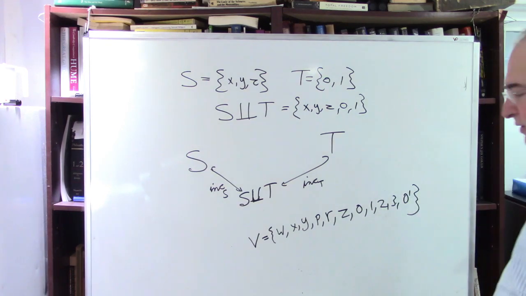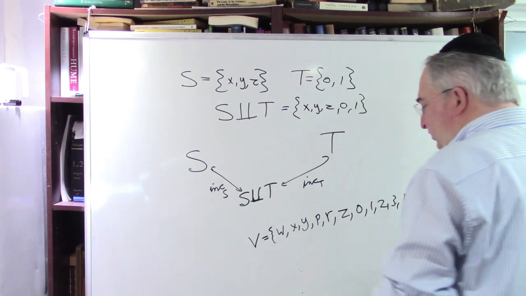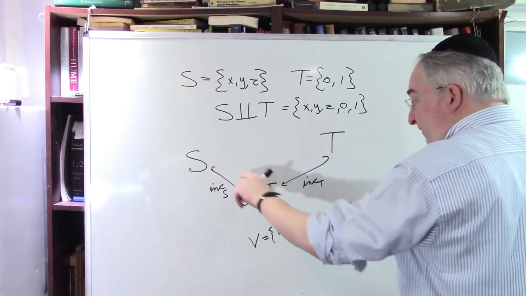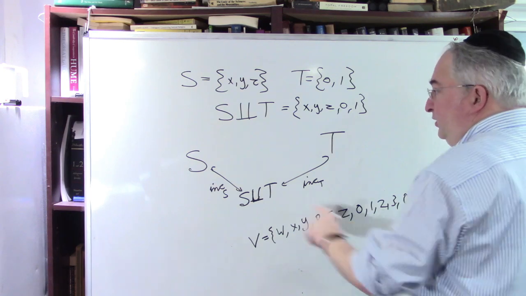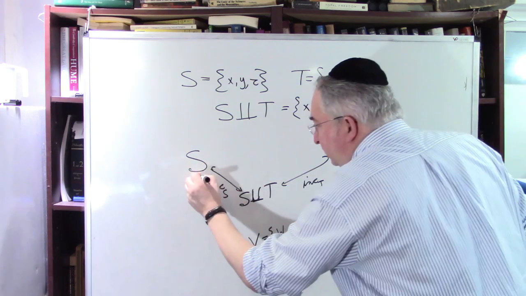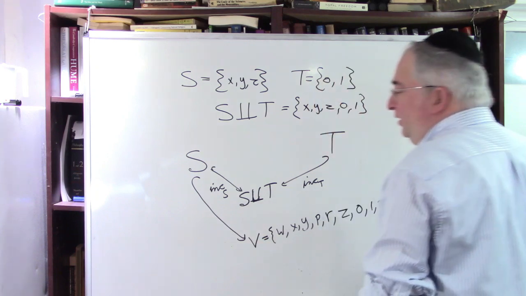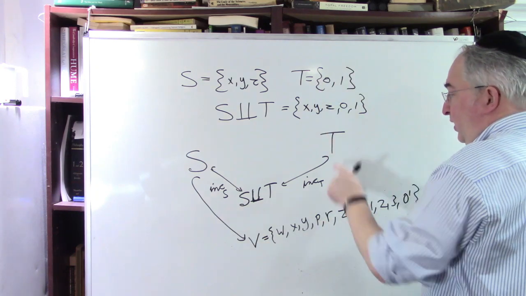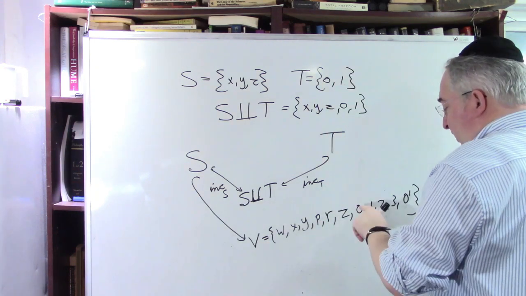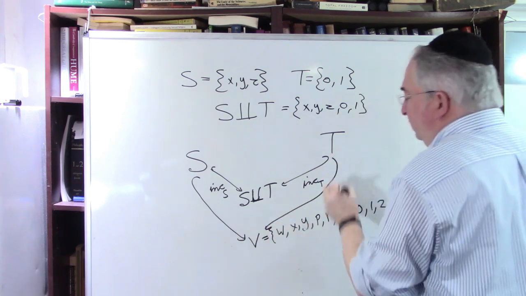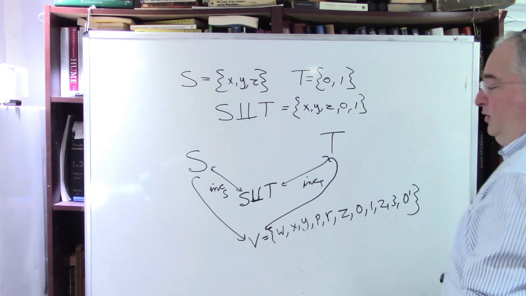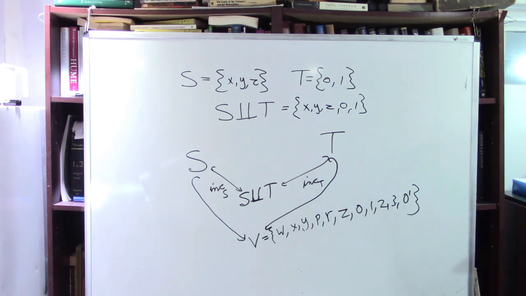That's a big set. Great. Now, as you see, V has X, Y, Z, so S includes into it. So we'll make that inclusion. T has 0, 1. This also has 0, 1, so T includes into it. Make a little inclusion.